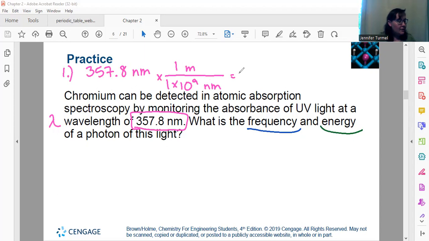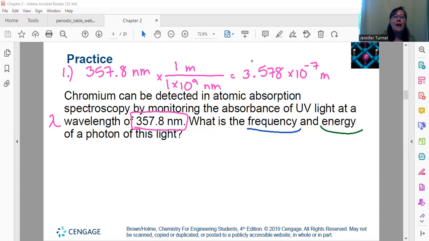This will give us a new wavelength that we can actually use in our calculations of 3.578 times 10 to the negative 7 meters. So you always need it to be in meters to do the calculation. Sometimes you'll have to convert it back to nanometers for your homework or a test question.